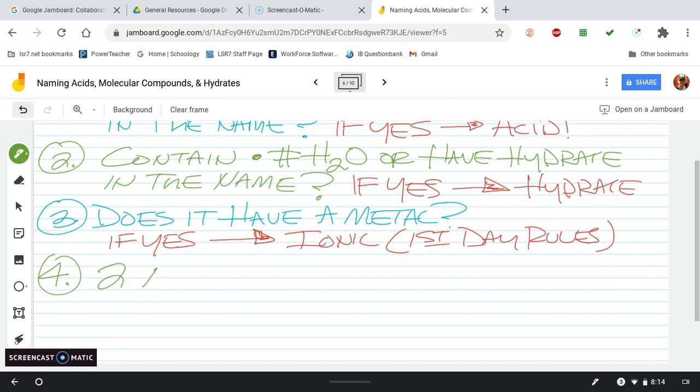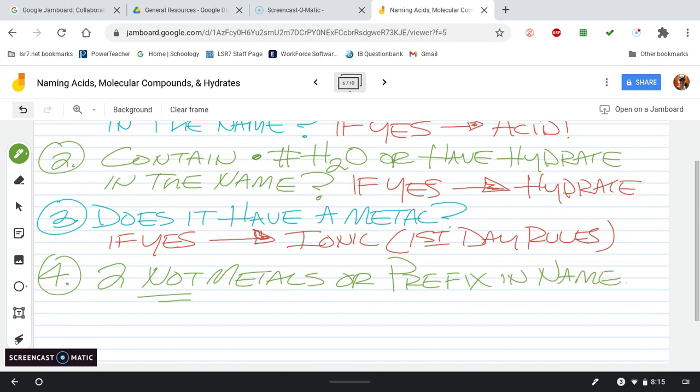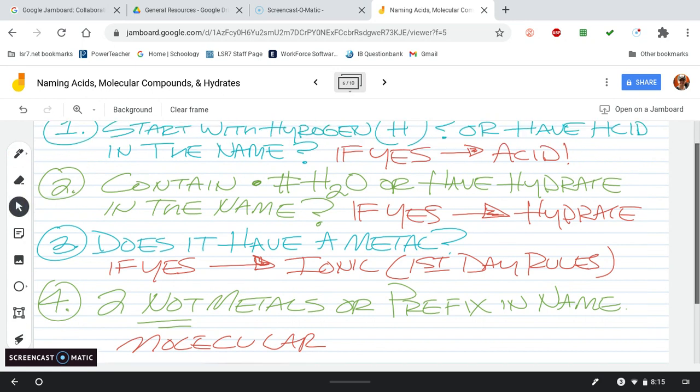So it'd be 2 nonmetals or prefixes in the name. If you have these situations, then what you got is molecular. And so the molecular rules would go there. So kind of a little flow chart.